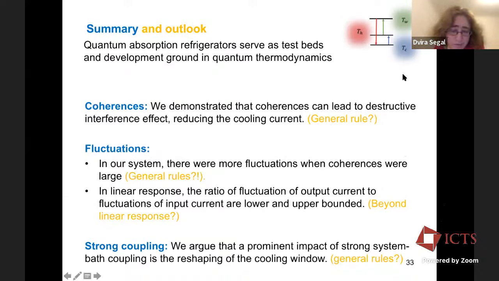Fluctuations, we found that there were more fluctuations when coherences were large. I don't think it's general. But the TUR itself, the thermodynamic uncertainty relation, was quite insensitive to coherences, still intriguing. And finally, strong coupling, we argue that the prominent impact is a reshaping of the cooling window because of a parameter renormalization.